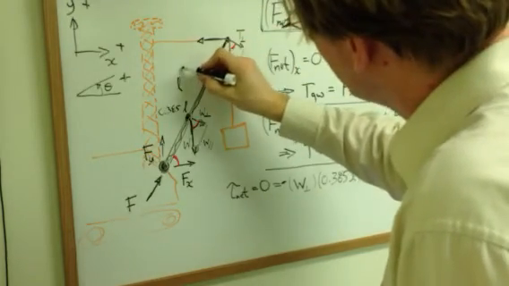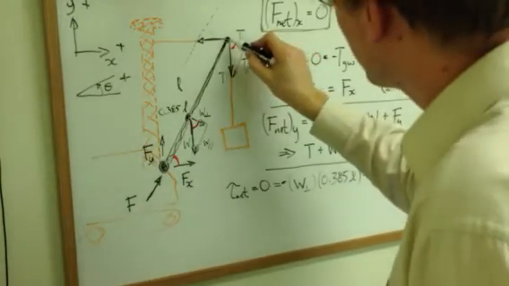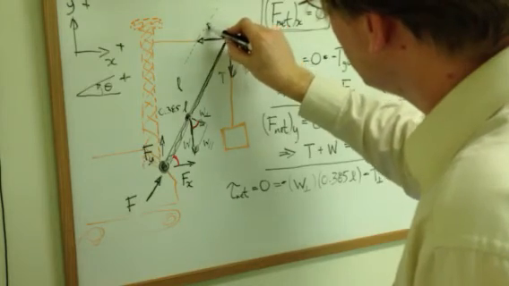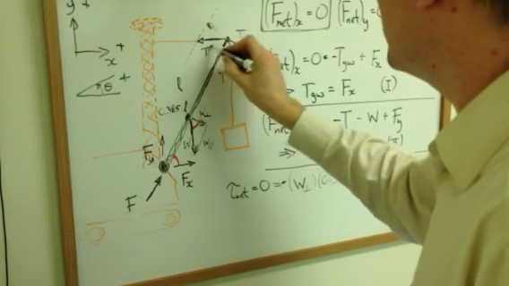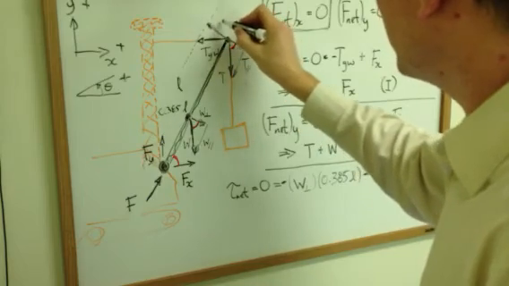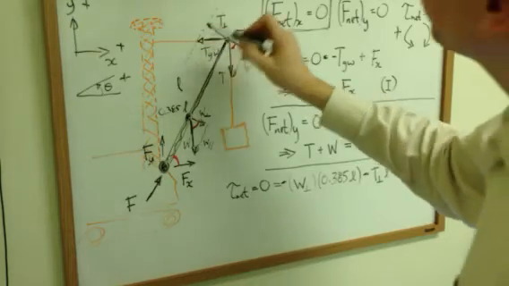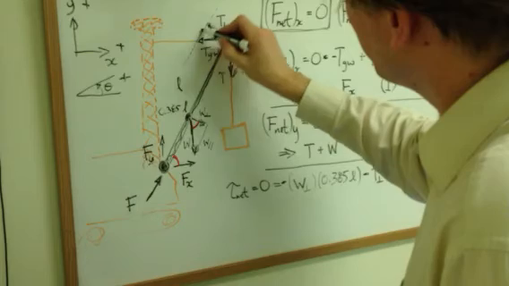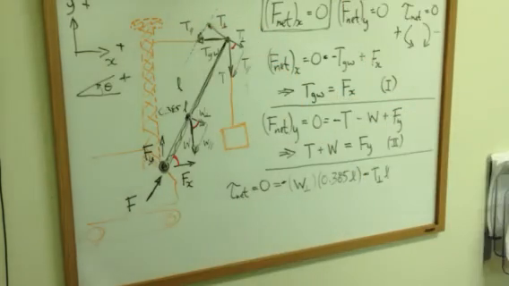And this force here has, if I draw a line just parallel to the boom, and I draw a line perpendicular to the boom, I can see that this force here, which is the tension in the guy wire, is partially perpendicular to the boom and partially parallel to the boom. So this is the tension parallel.